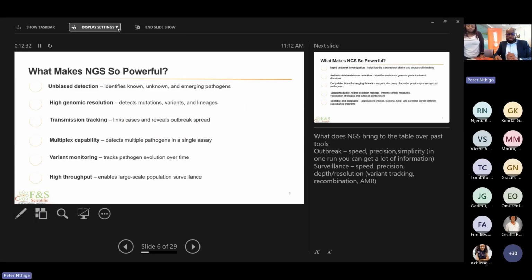So what makes NGS so powerful as a genomic surveillance tool? There are several benefits that build the case for NGS utilization. Of course, using, for example, a shotgun metagenomics approach, you can do unbiased detection of known, unknown, or even emerging pathogens.